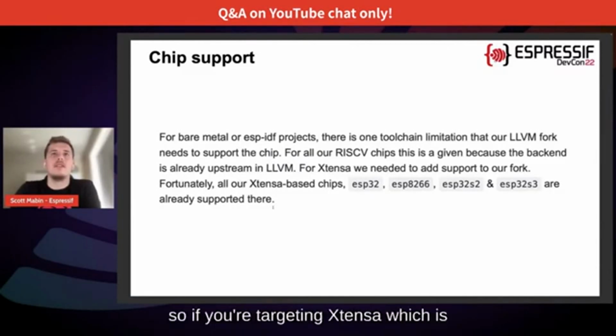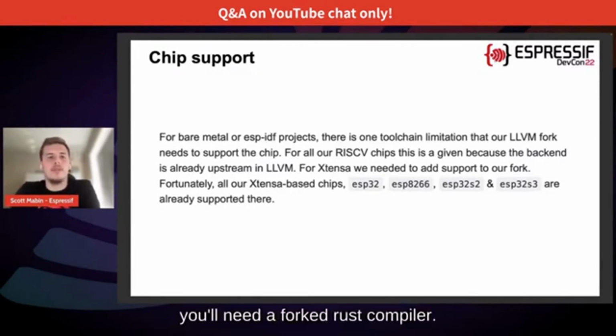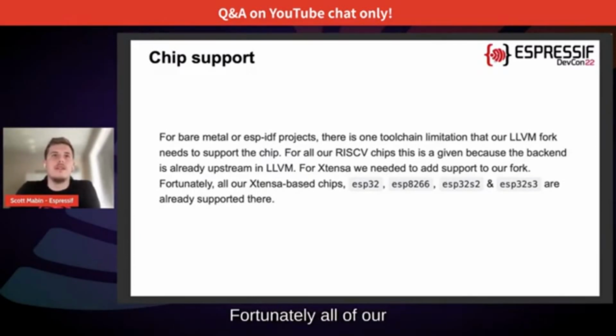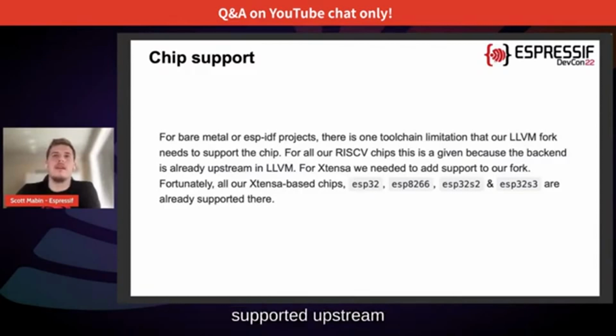So if you're targeting Xtensa, which is the ESP32, ESP8266, the S2 and the S3, you'll need a forked Rust compiler. Fortunately, all of our Xtensa-based chips are already supported in our forked LLVM, so it's just a case of downloading the other compiler. But as new chips come, they'll need to be supported in there too. Our RISC-V based chips are already supported upstream in LLVM, so there's no need to worry about them.